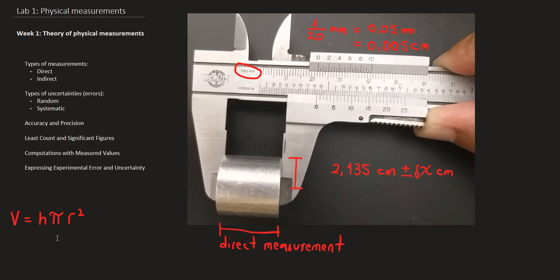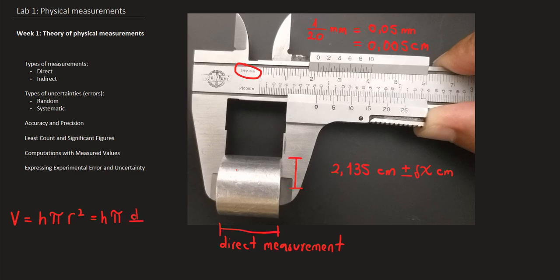So in order to compute the volume here, we need to measure the radius of this cylinder, and the radius is a little bit difficult to measure. So instead of the radius, we will measure the diameter of the cylinder.